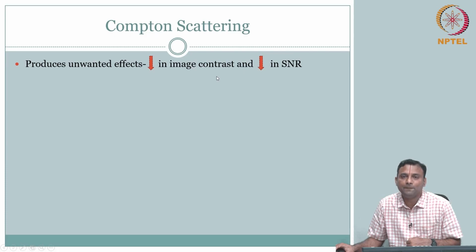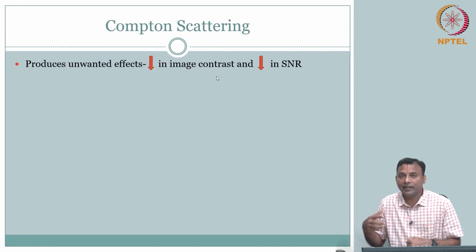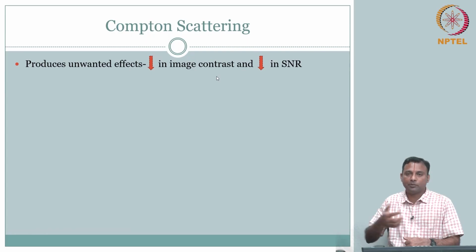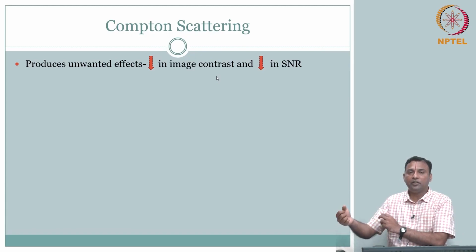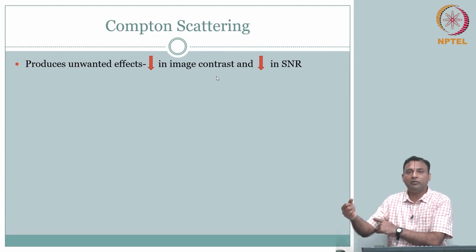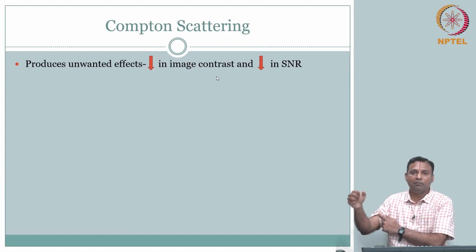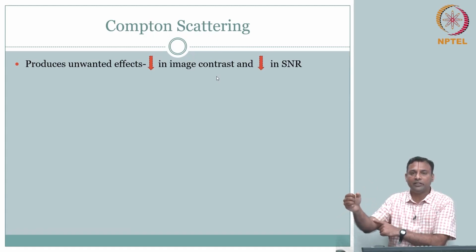I hope you did this exercise when we did the introduction for your image quality. I think I did this experiment of taking my phone and switching on the torch, and looking at the contrast between my shirt and skin.